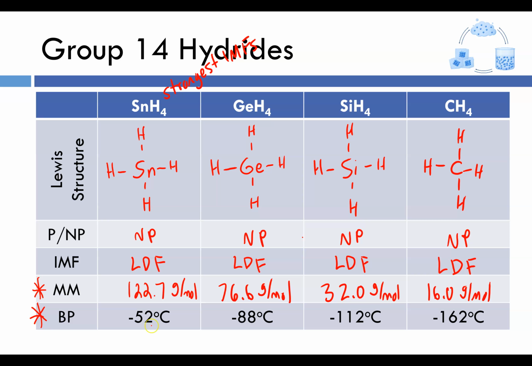We see the greatest boiling point, so therefore it must have the strongest intermolecular forces. You can probably conclude, or hopefully conclude, that methane, CH4, is going to have the weakest IMFs. It's got the lowest boiling point, so we have the weakest forces of attraction between methane molecules.